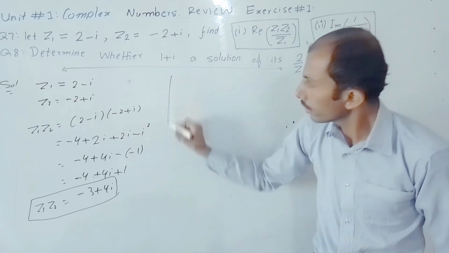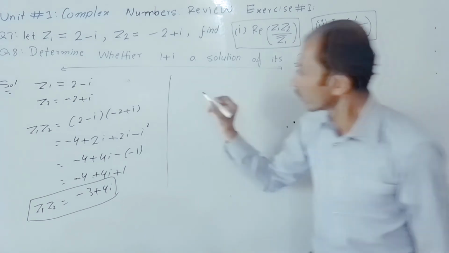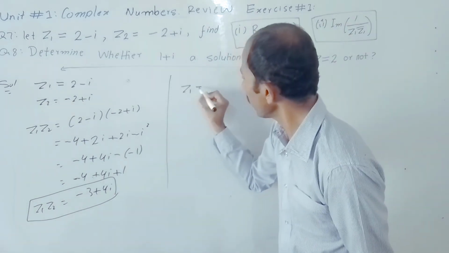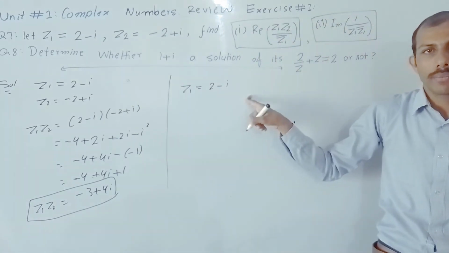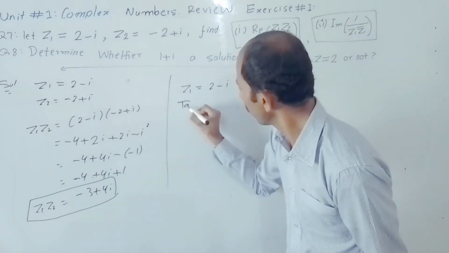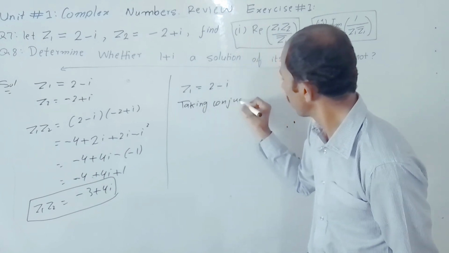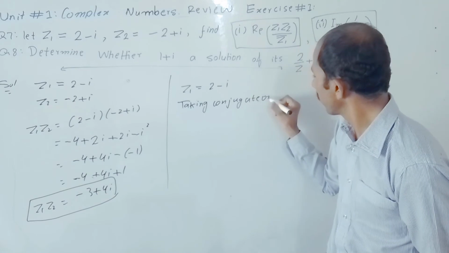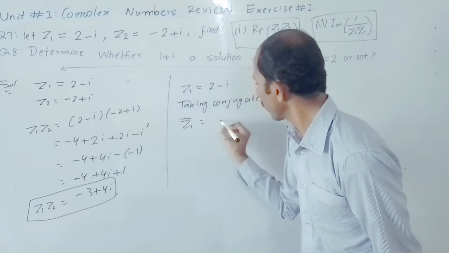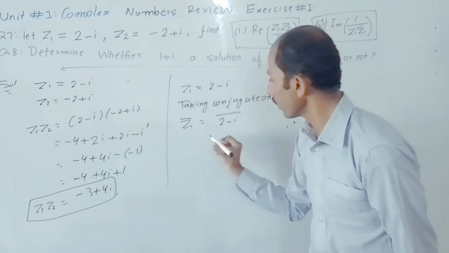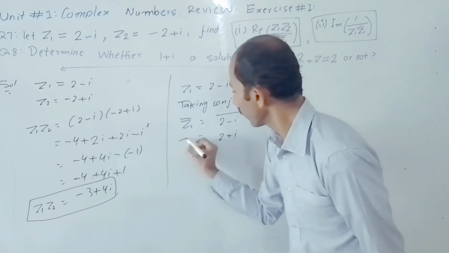So next, the denominator, conjugate of z1. So z1 is equal to 2 minus iota, taking conjugate on both sides. So z1 conjugate is equal to the conjugate of 2 minus iota, which is equal to 2 plus iota.